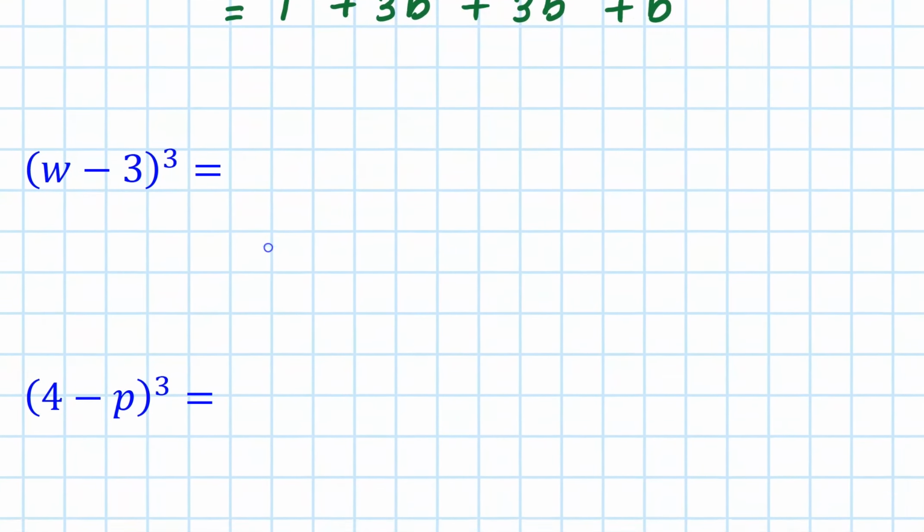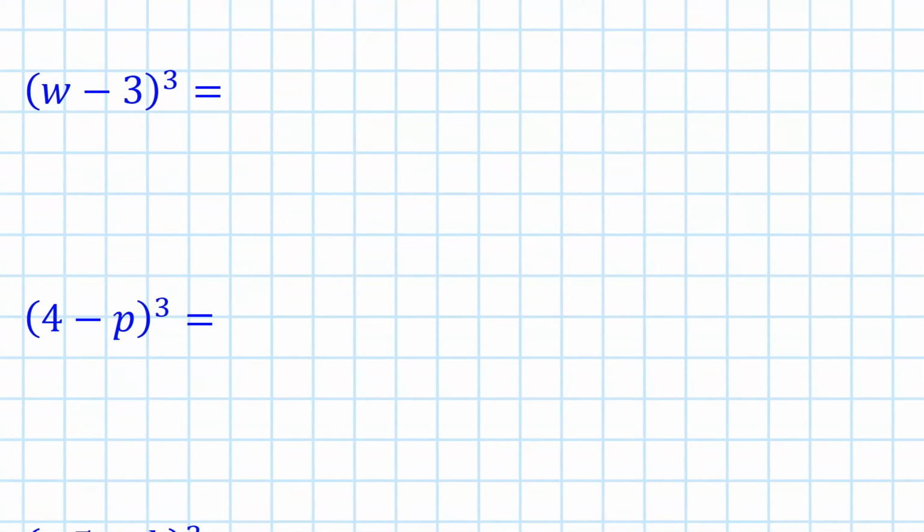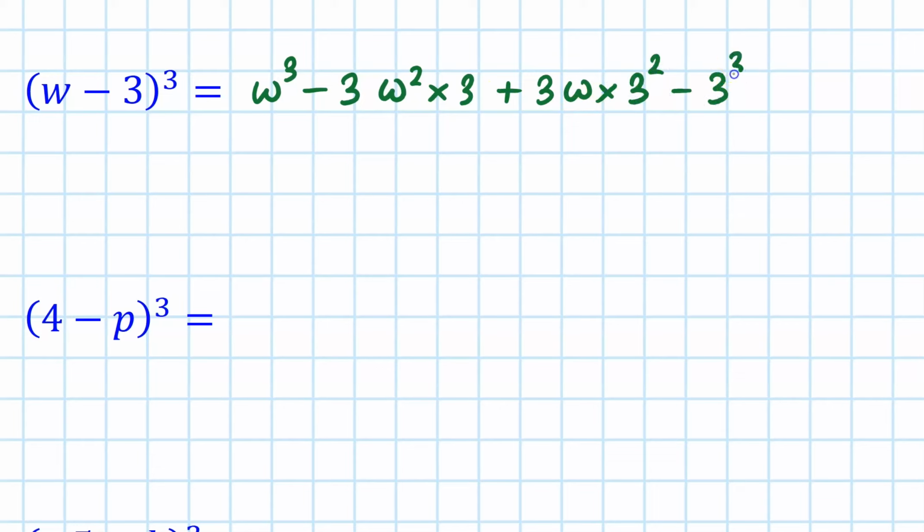Let's move on to the next one, (w - 3) cubed, where we get different coefficients now, other than 3's and 1's. w cubed minus, this looks like x minus y, therefore we use that expansion. 3w squared times 3, that's your y, plus 3w times 3 squared minus 3 cubed.